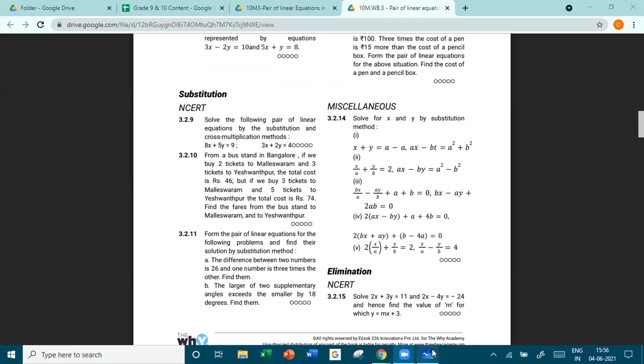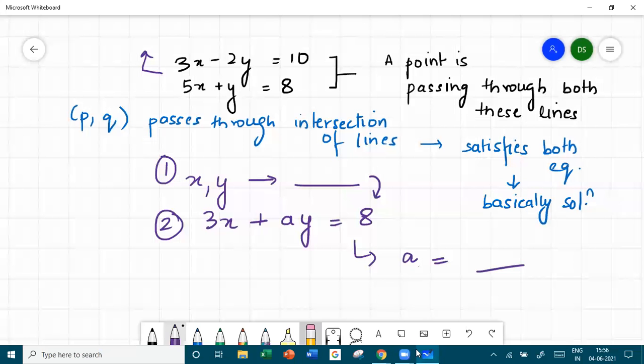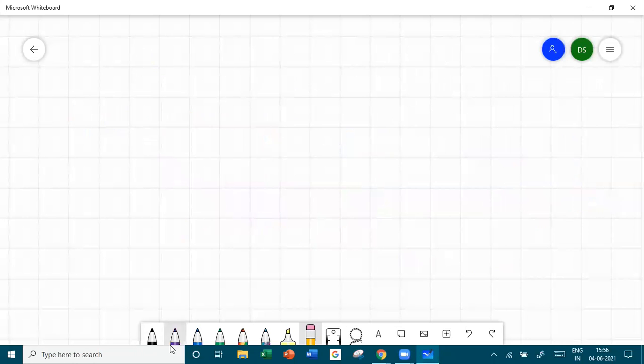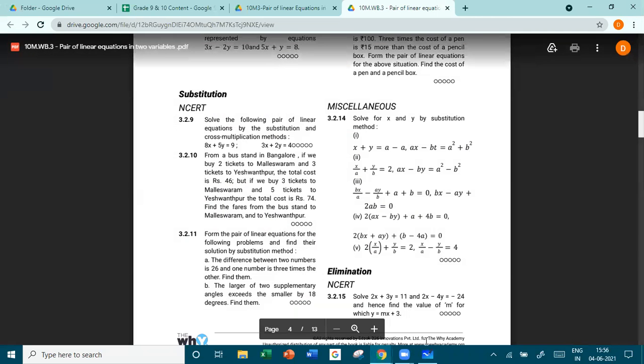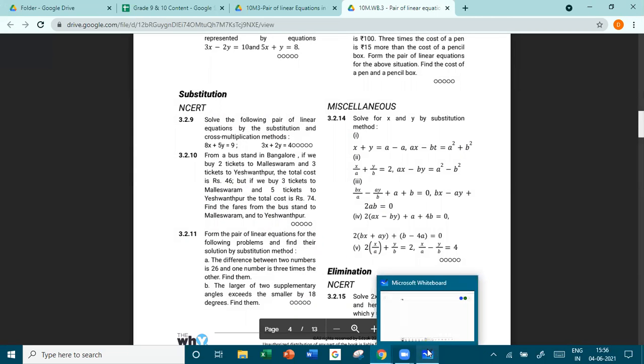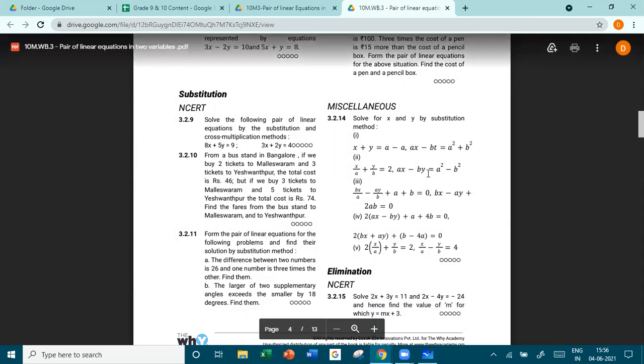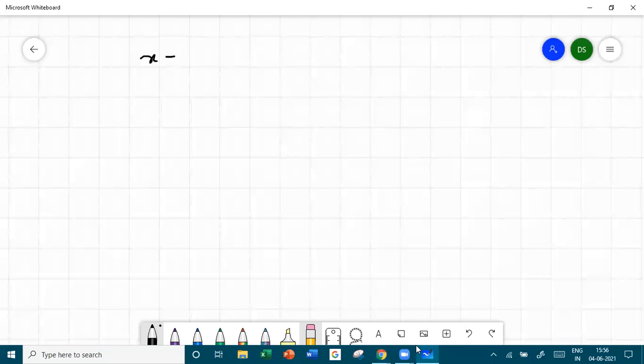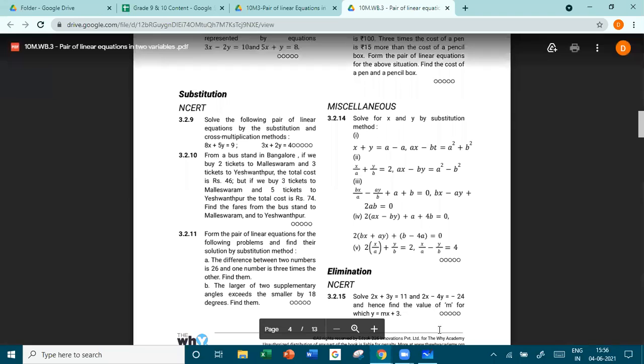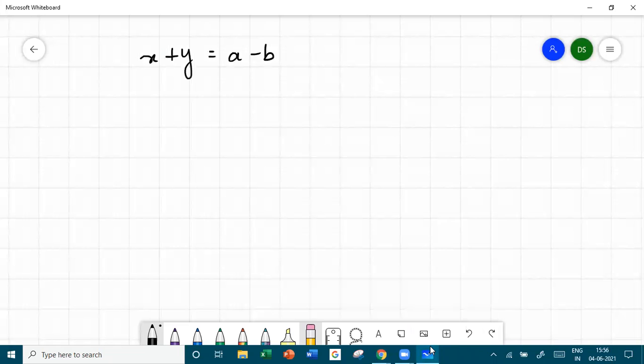You have two equations. x plus y is equal to a minus b. Sorry, it should be a minus b. And ax minus by is equal to a square plus b square.